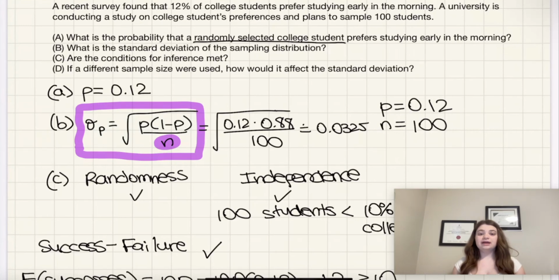Or if we survey fewer people, that would impact it in the sense that the denominator decreases, which would make overall the standard deviation increase. And so that's telling us that there's more variation overall if we choose fewer people, right? There's more different varieties of what could happen if we were to repeat this study many, many times.